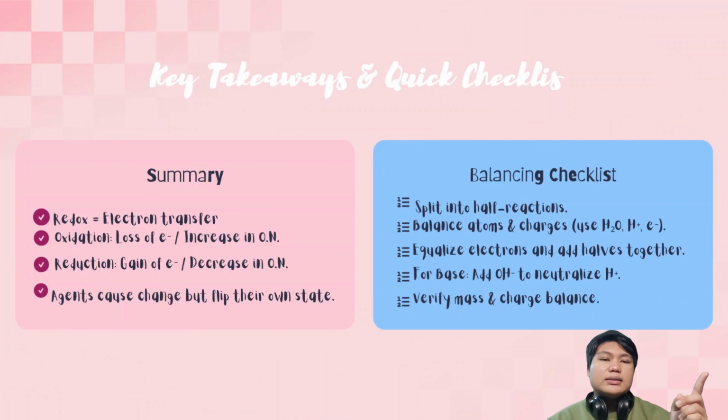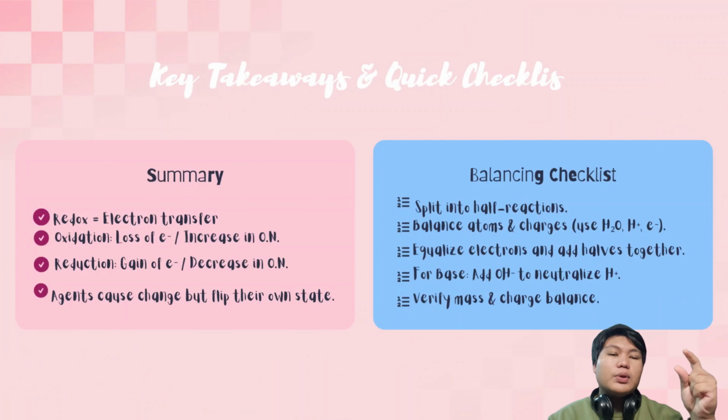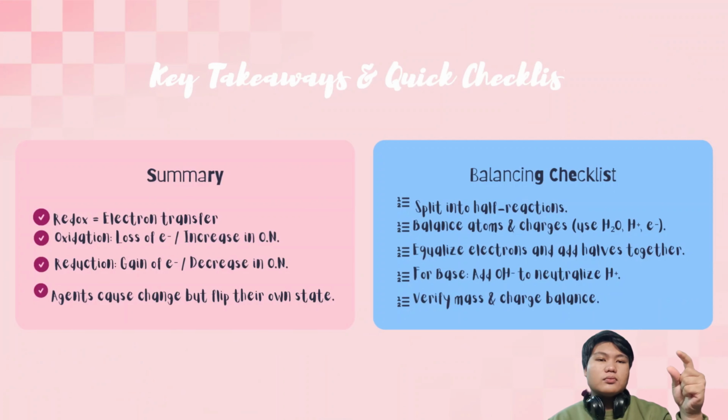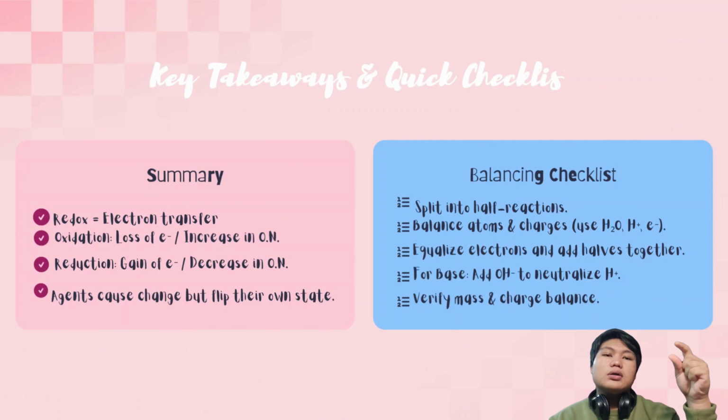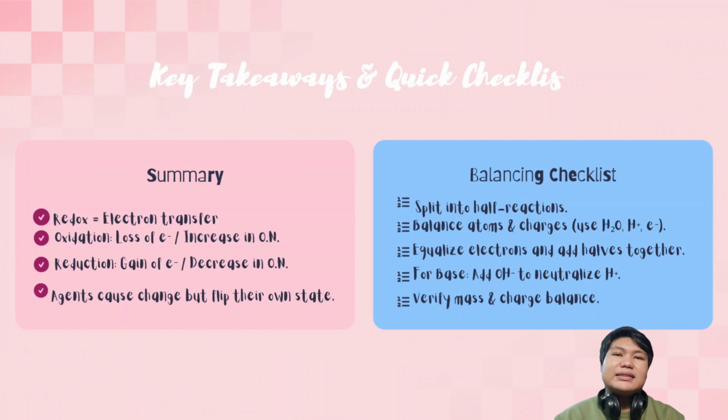Meanwhile, the opposite thing happens to an atom that gains electrons and gains oxygen, they will undergo a reduction reaction. For balancing reactions, there are things that we need to remember.